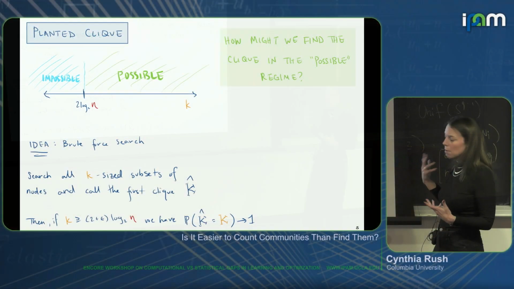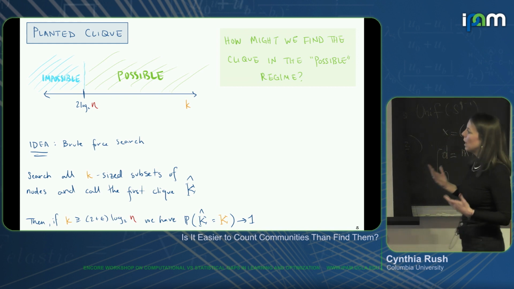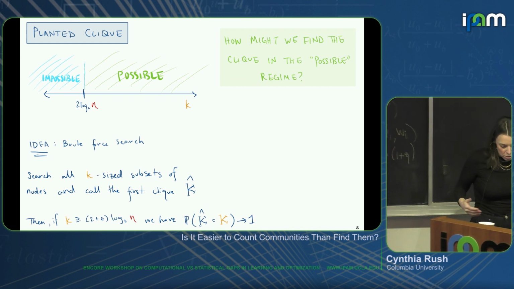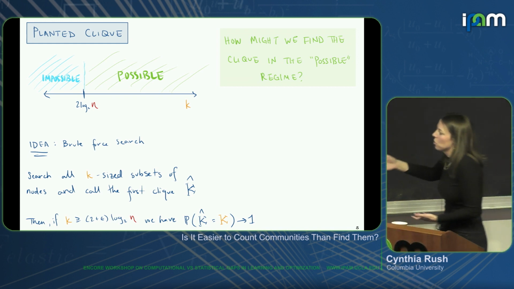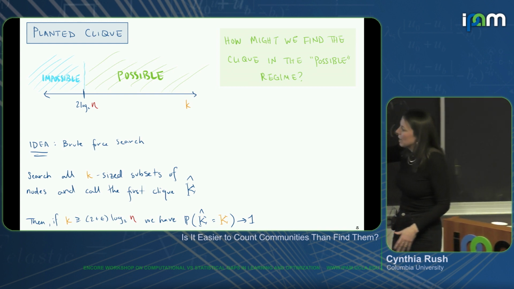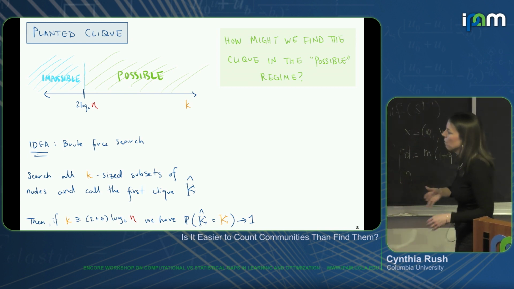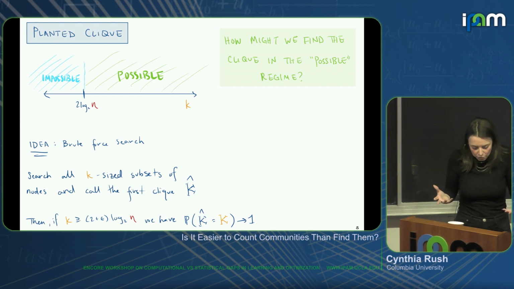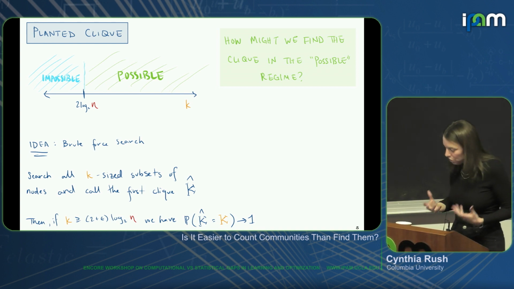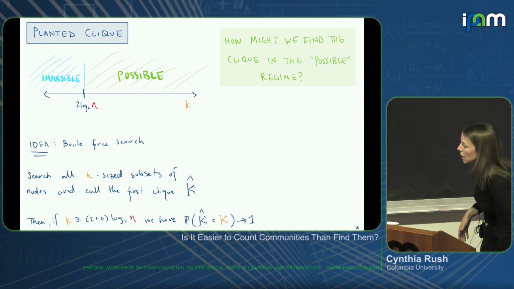The dumbest thing you can think of to do is a brute force search. You search all approximately k-size subsets of the nodes, and the first clique you find, you call your estimated structure.